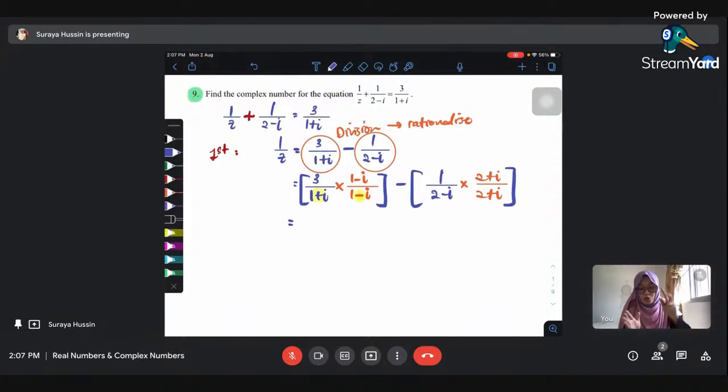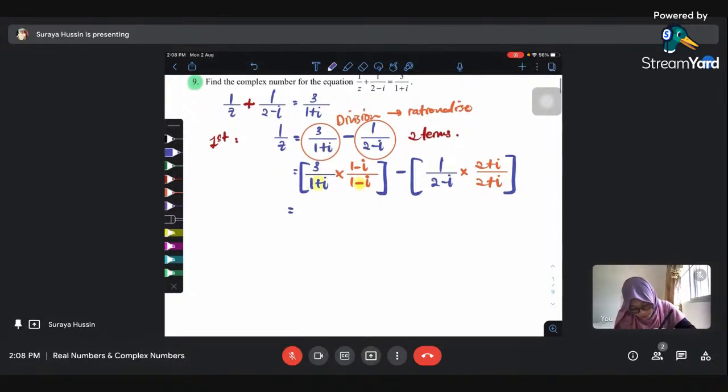You kena buat 2 kali rationalize sebab ada 2 term yang berbeza. Sebab you ada 2 division term yang berbeza, jadi you kena buat satu demi satu. You tak boleh buat jalan laju. Okay. So here you will get 3 minus 3i over (1 minus i) squared.